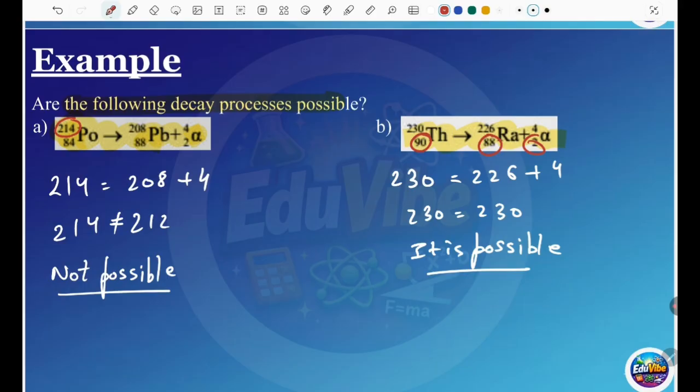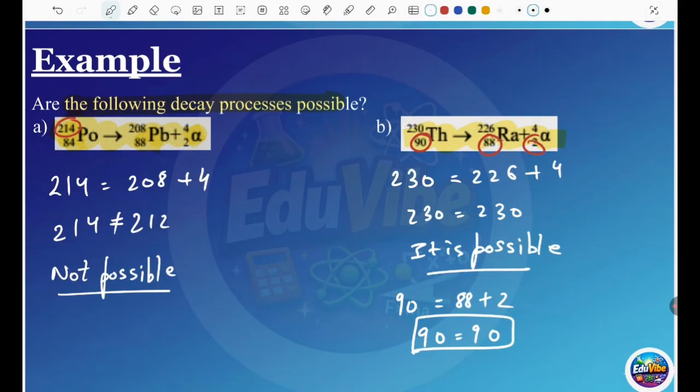So 90 is equal to 88 plus 2, so 90 is equal to 90. That's the thing: both should be equal on both sides. That's why you have to check this.